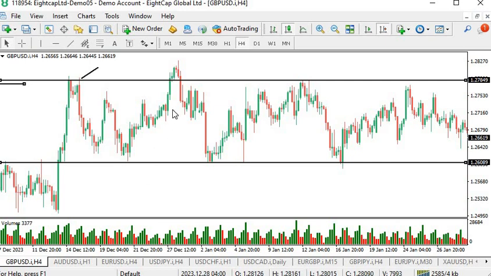The market went up again. It took the SLs from the market, it did SL hunting, but it didn't go above the resistance area. It made it, but it was a few pips.